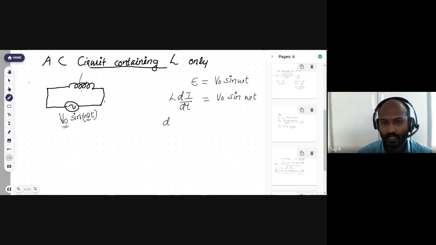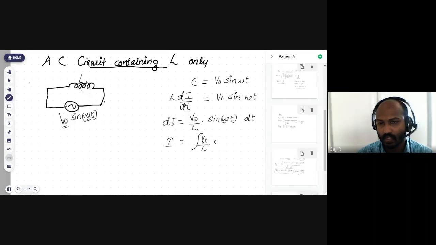From here, we want to find the value of the current I. So we can write di is equal to V0 by L into sine omega t dt. So I is equal to the integral of V0 by L into sine omega t dt.